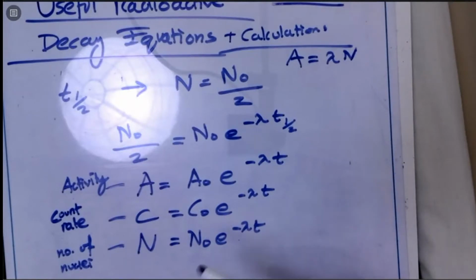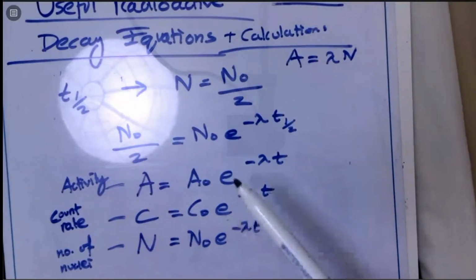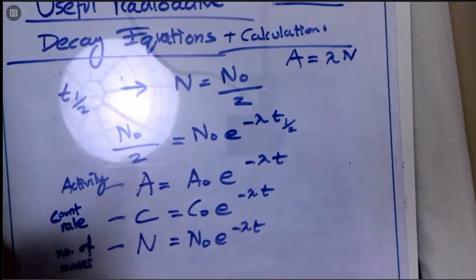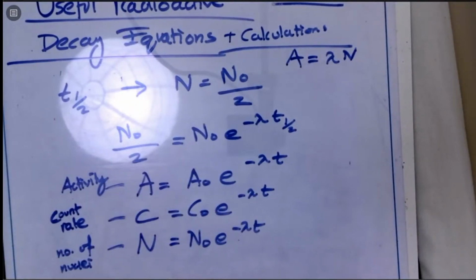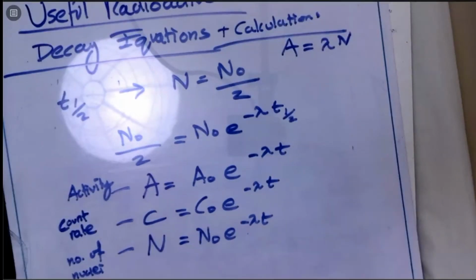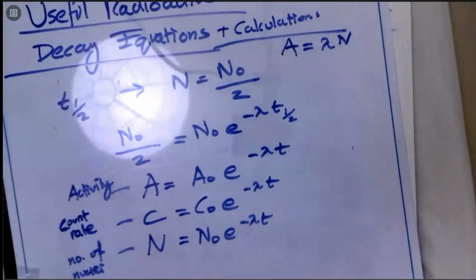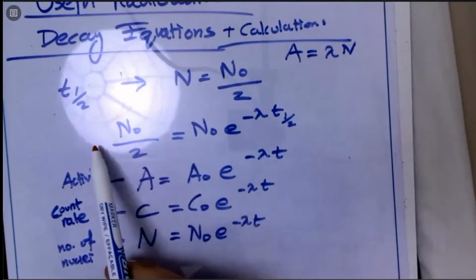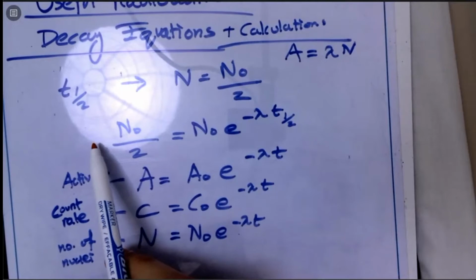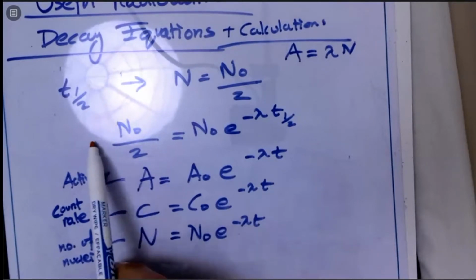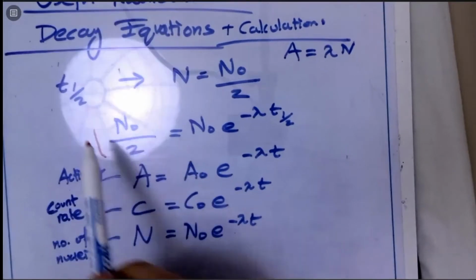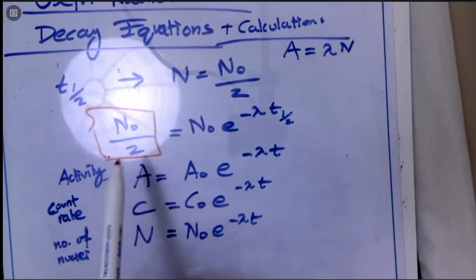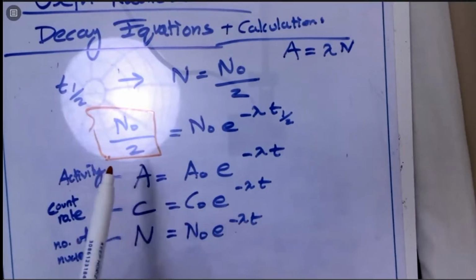However, what I want to talk about in particular is a specific form when we talk about half-life. We all know the definition, or you should know: half-life is the time it takes for half of the radioactive nuclei to decay. So this is what we refer to mathematically as the half-life.